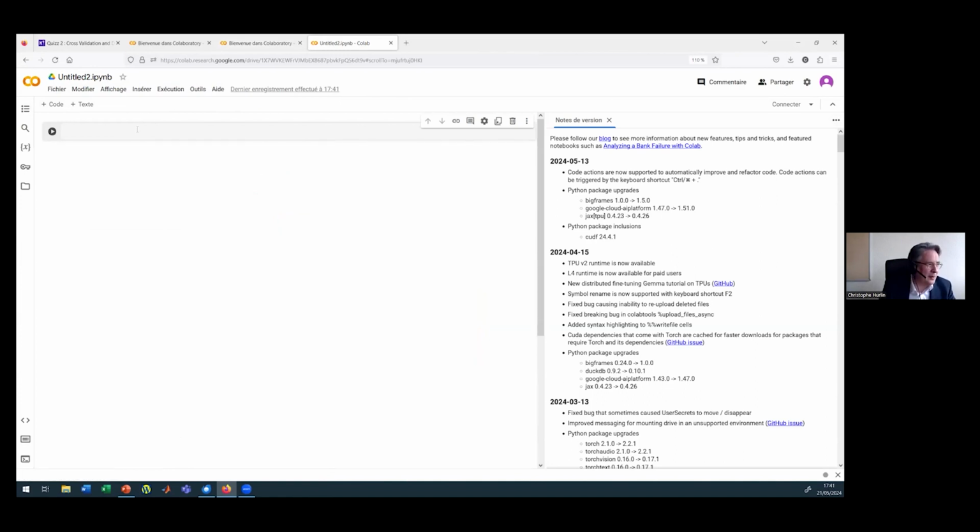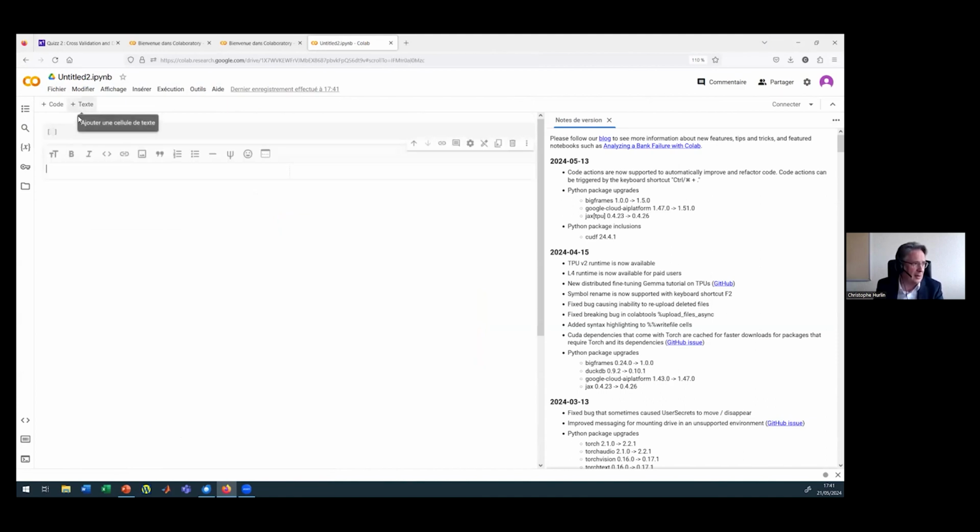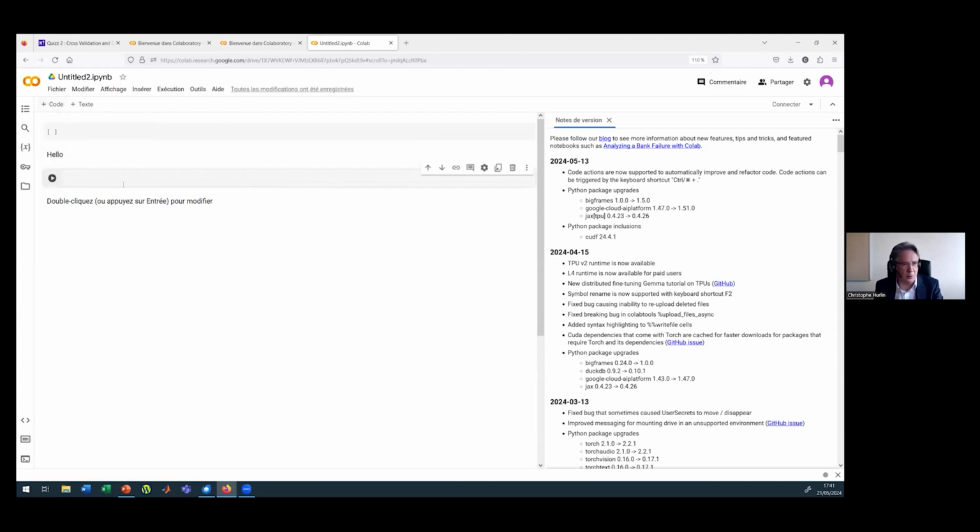In a Python notebook, I can write some Python code and also write some comments in Markdown. This is a type of Word. For instance, I can introduce a text, up here, bonjour, hello, and then, or before, I can introduce a code.